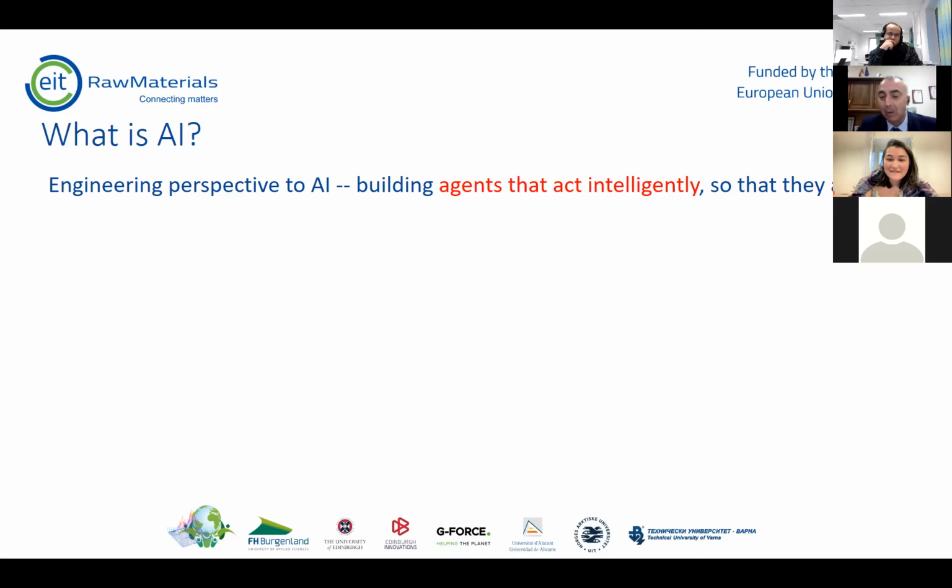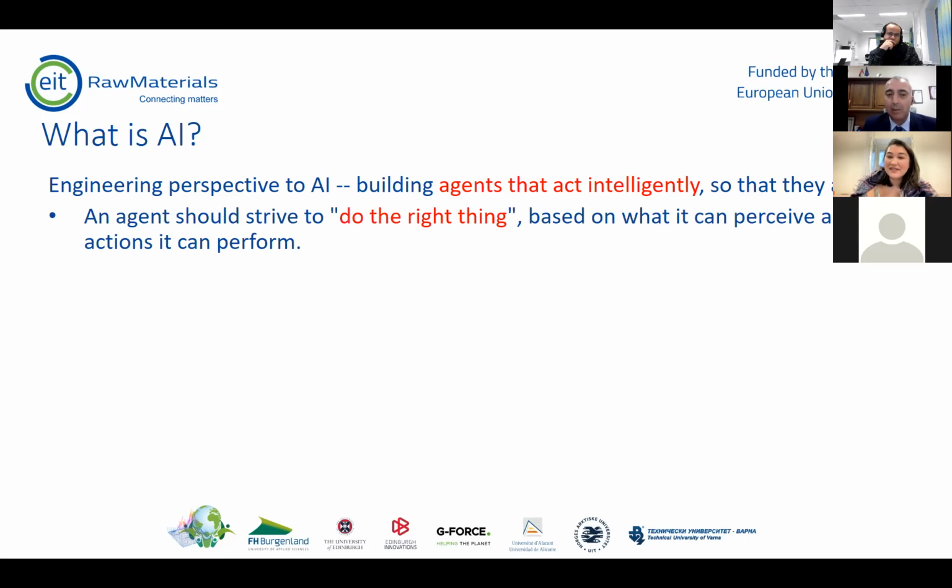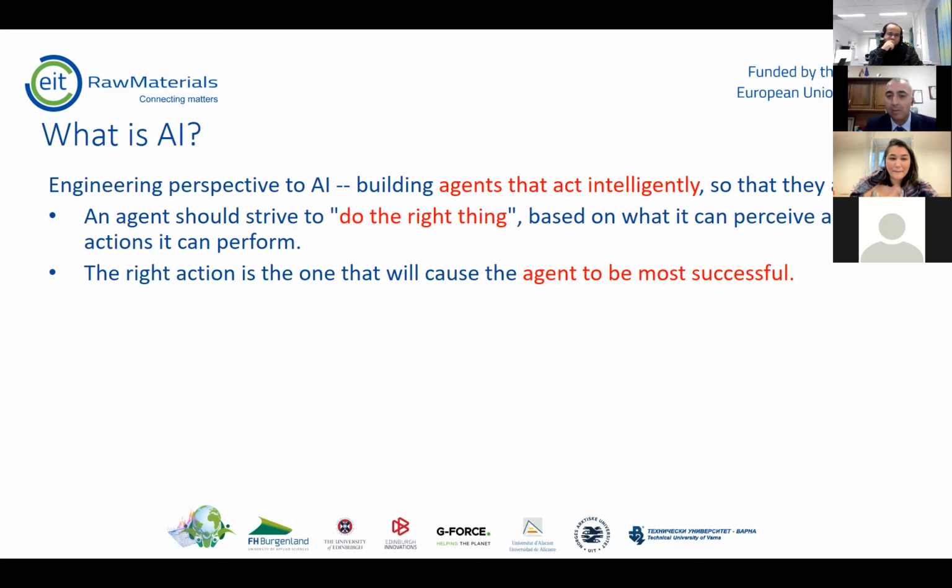So an agent should be doing the right thing based on what it can perceive and on the actions it can perform. What is the right action? What is the right thing?